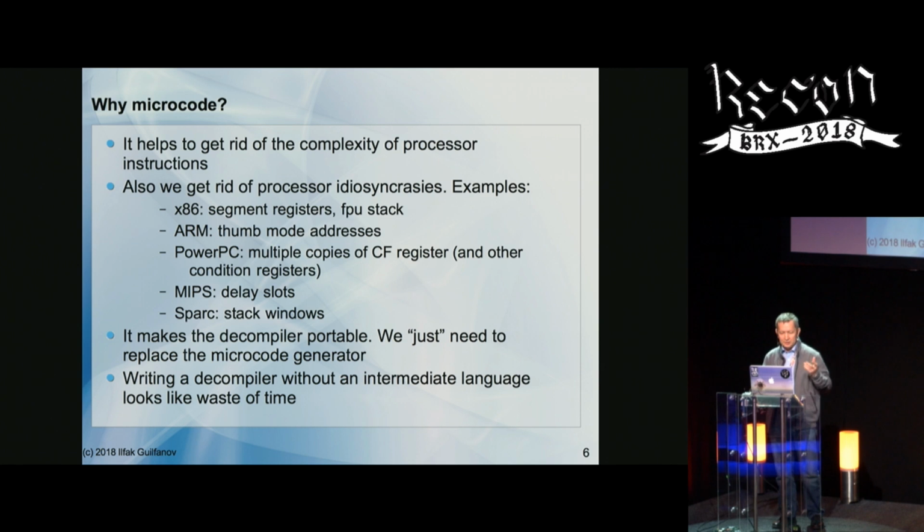For x86, for example, there are segment registers that behave quite unusually. Well, we got used to it, but it is different from how other processors behave. There is the floating point stack, which also looks somewhat odd and not common. In fact, every processor has its own idiosyncrasy.